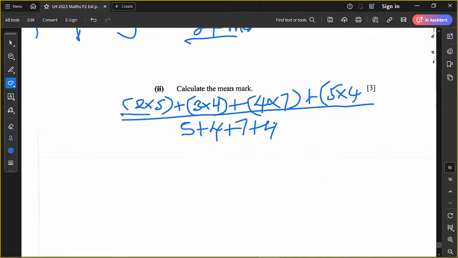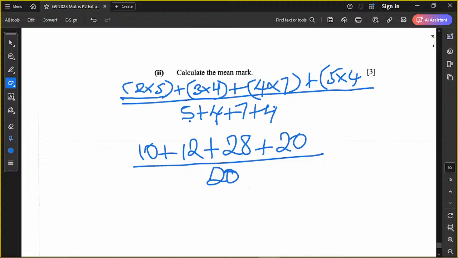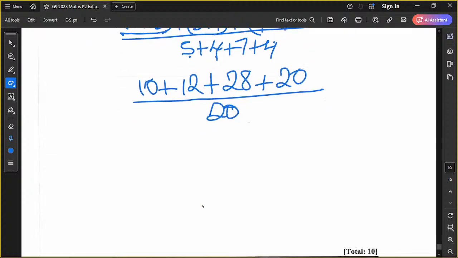So we start: 2 times 5 will give us 10, plus 3 times 4 will give us 12, plus 4 times 7 will give us 28, plus 5 times 4 will give us 20, which will be over, we add this, 4 plus 5 plus 4 will give us 9, 9 plus 7 will give us 16, 16 plus 4 will give us 20.